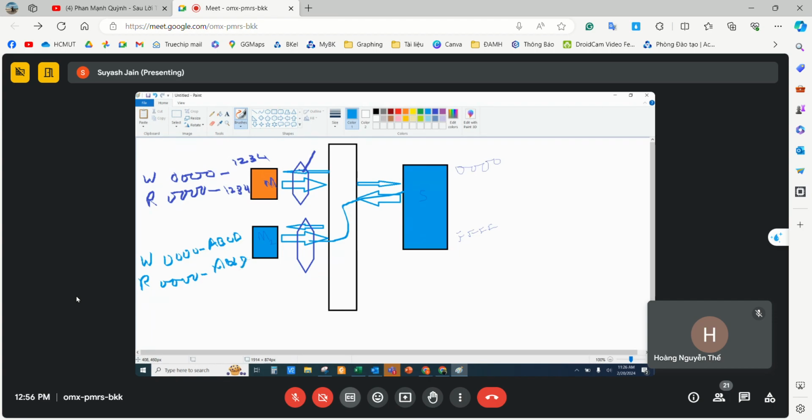Then after that, you are again reading from master 1 the address 0000. What data will it get? Now it has become ABCD. But your scoreboard expects 1, 2, 3, 4 because it had stored that. And here you are getting ABCD.